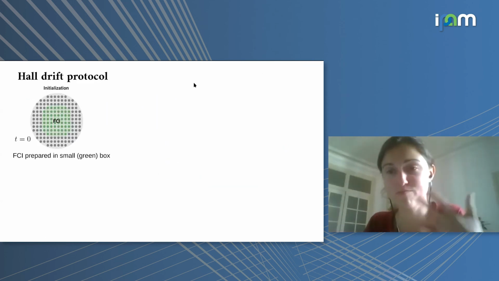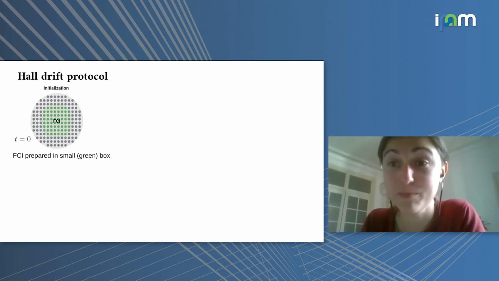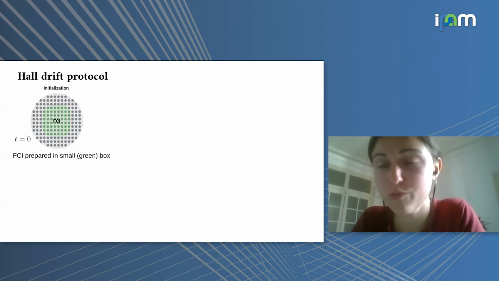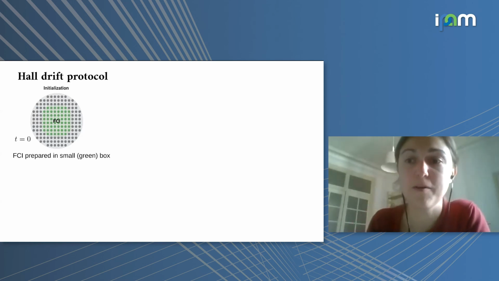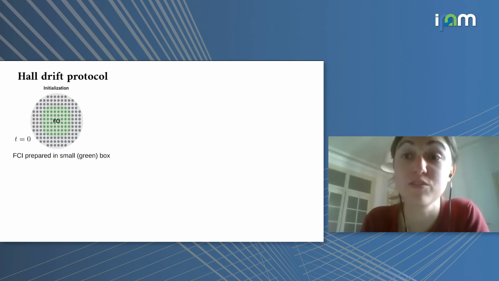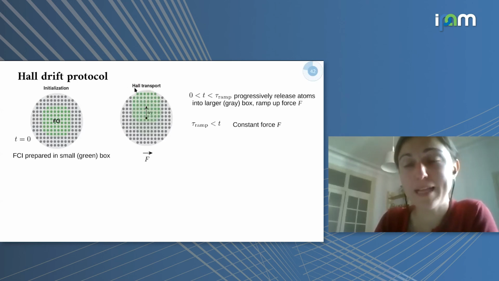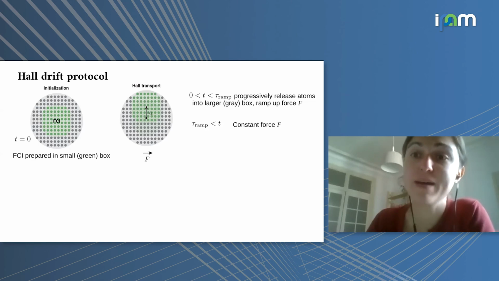Okay, so this was the first protocol, and now I propose to explore a different possibility based on the dynamical protocol, which explores really the definition of the Hall effect by measuring the Hall drift of the atomic cloud under a constant force. The idea is to first prepare your fractional Chern insulator in a small region, here the green box, and then apply a constant force to the system and monitor the center of mass of your atomic cloud.